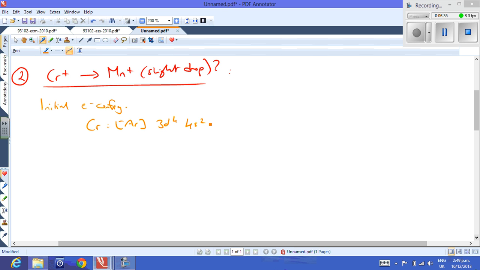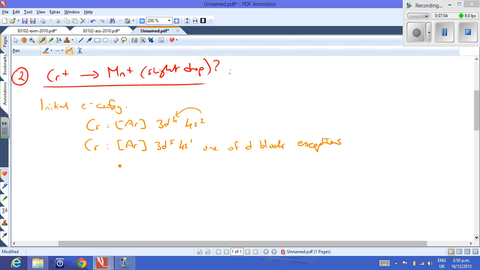But of course, chromium is one of the two exceptions that you learn in level 3 when you're doing your electron configurations. To stabilize that d orbital, chromium's actual electron configuration is 3d5 4s1. So that's one of the d block exceptions, and you need to remember that. So that's your starting point.